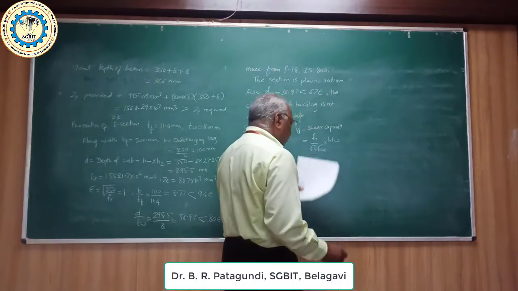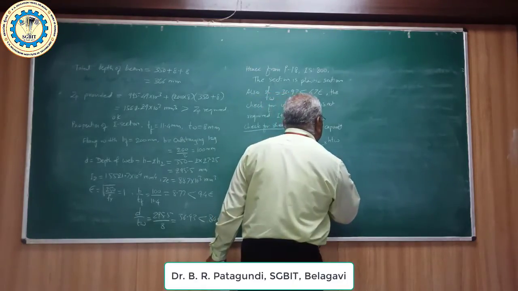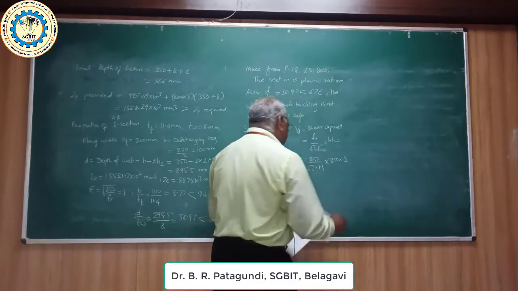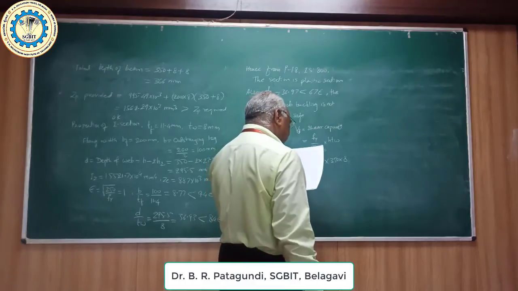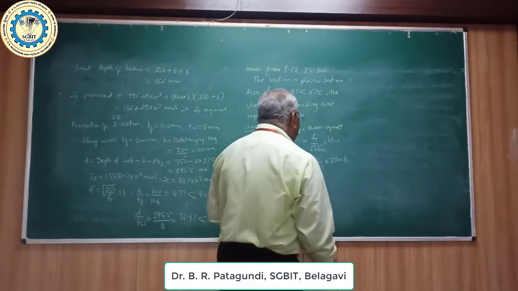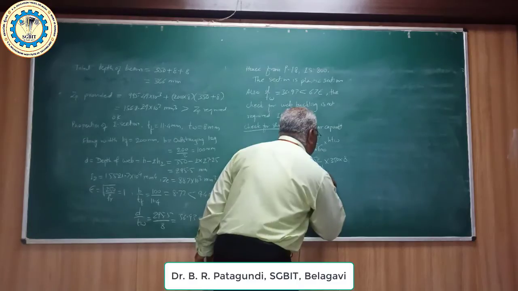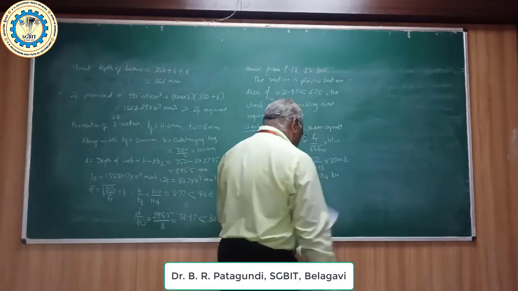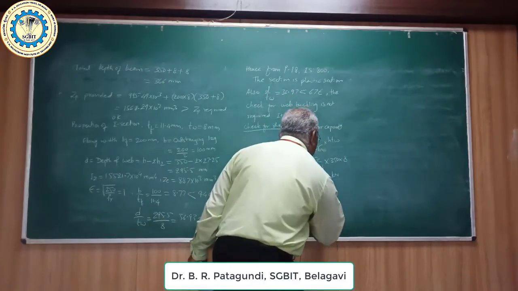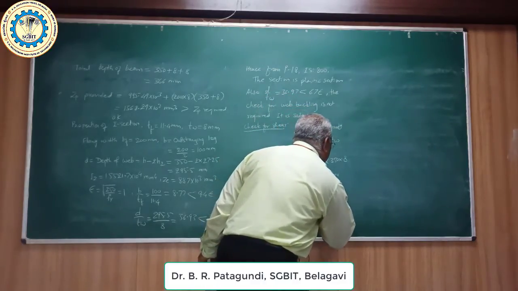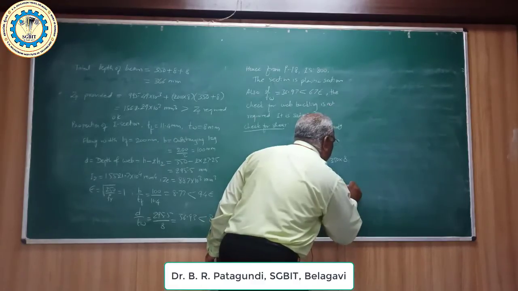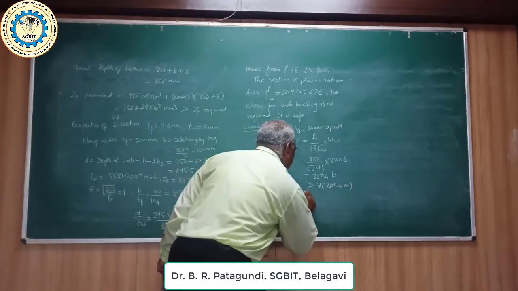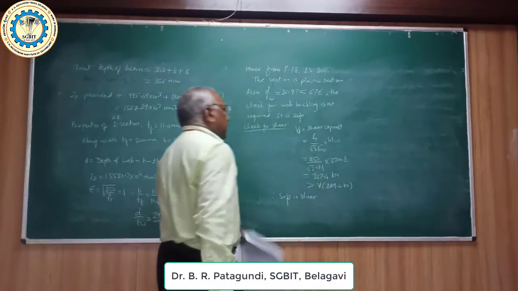H is the depth of the section, 350, into web thickness is 8 mm. So this design shear carrying capacity of the beam is equal to 367.4 kilonewton, which is more than V, that is 209.4 kilonewton. Therefore, safe in shear. Section is safe in shear.